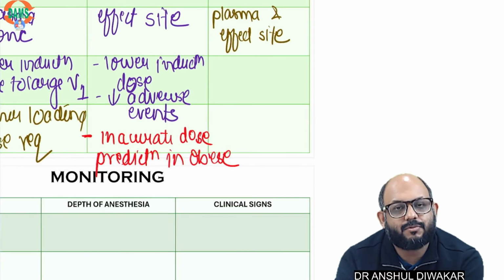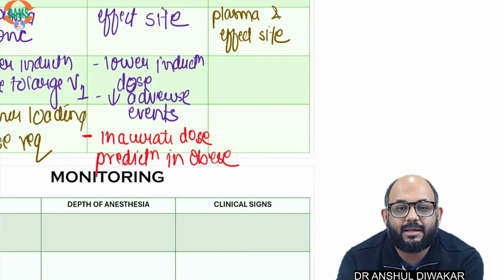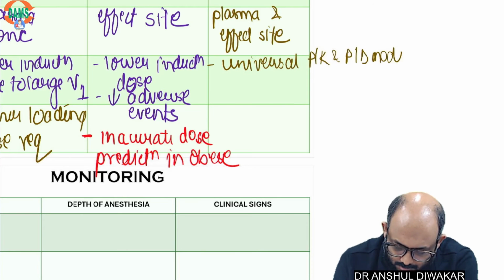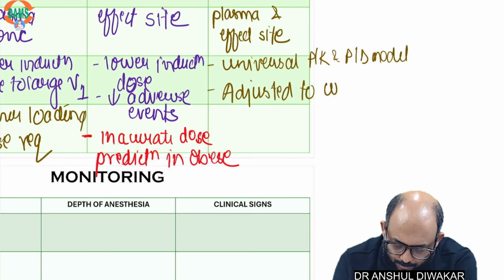And the advantage was that it has a universal pharmacokinetic pharmacodynamic model, so it is pretty much applicable to all age groups. And it was adjusted to concurrent use of opioids.